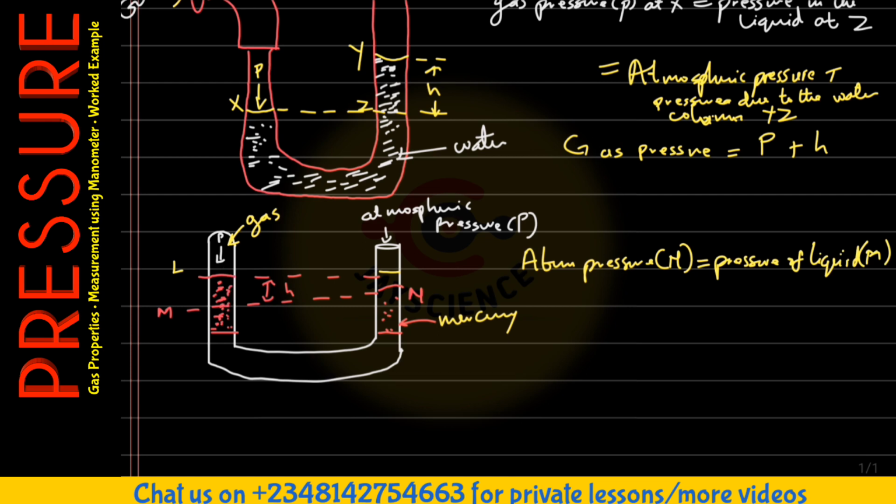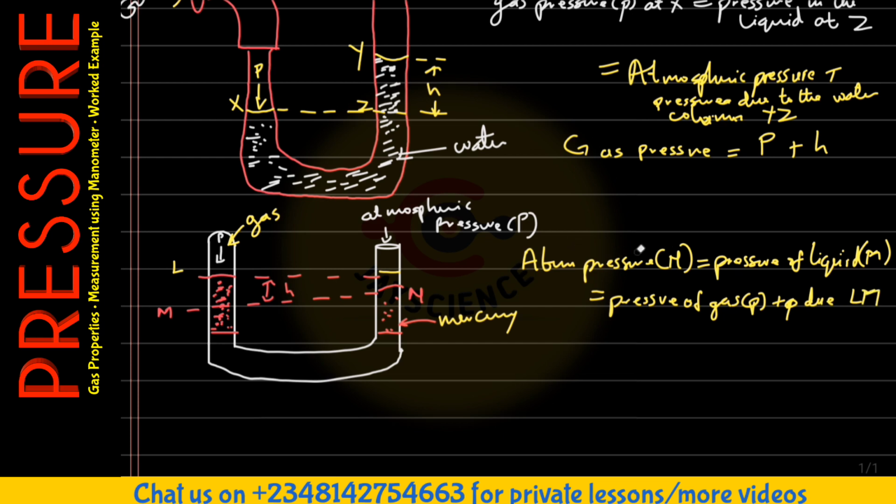If you want to break this down into two, you say the pressure of gas plus the pressure due to the mercury column Ln.